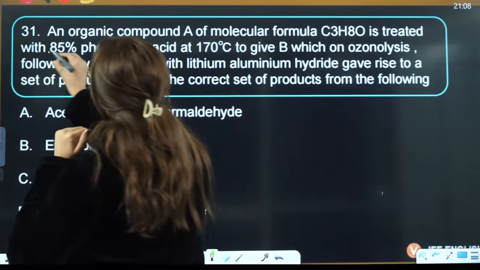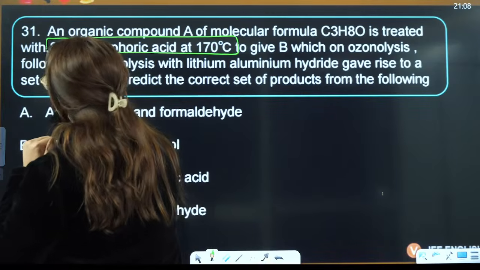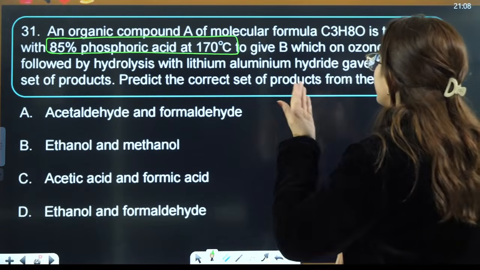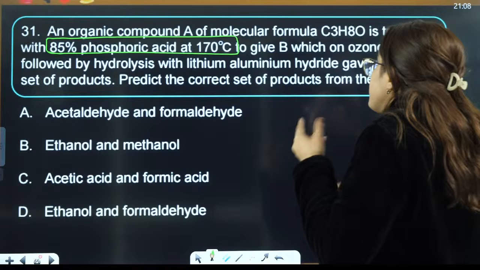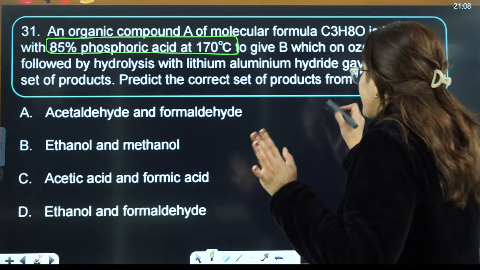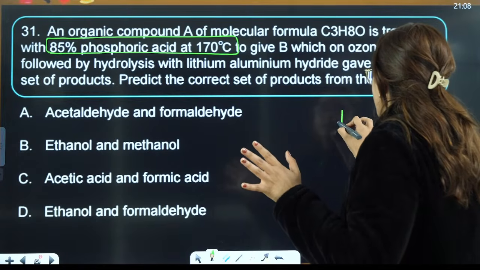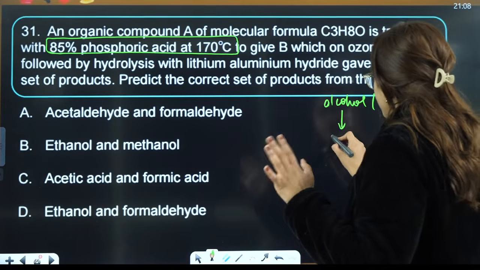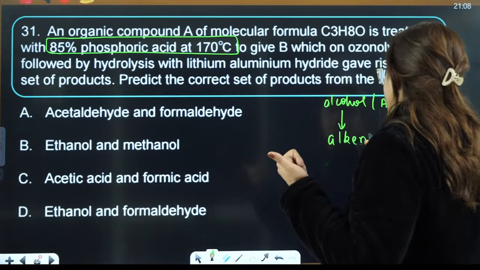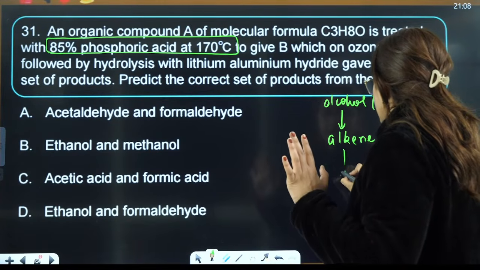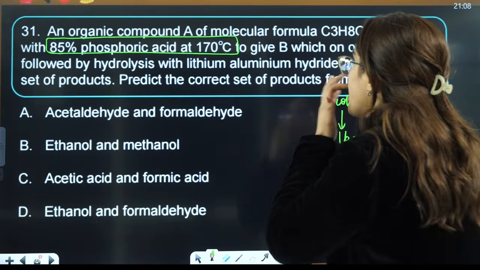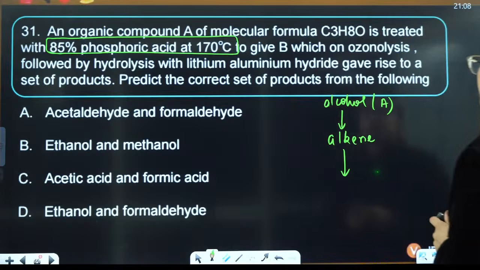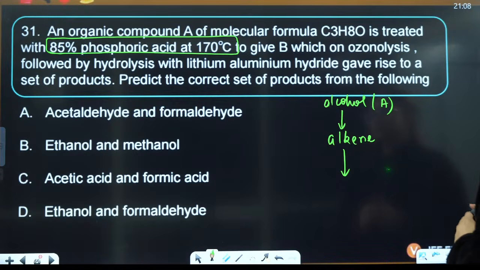This is definitely a dehydration reagent, and you should know that, right? It is then treated with this to give B, which on ozonolysis. A is definitely some alcohol, which will give you alkene, because after dehydration you will have alkene. Then after ozonolysis, followed by treatment with lithium aluminium hydride, it gives rise to a set of products.